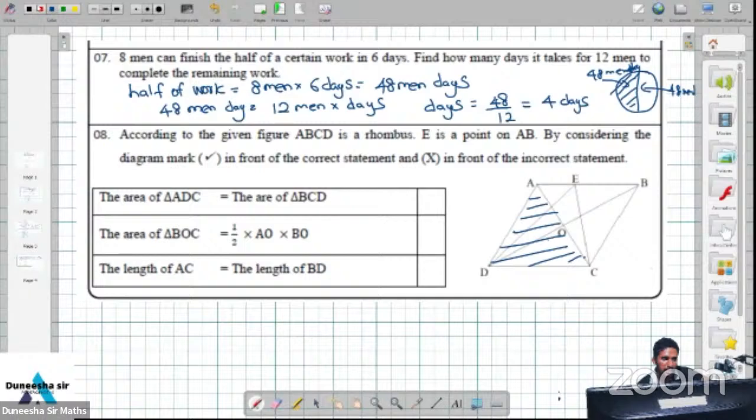What is BCD? In this one. Okay. Are the areas equal, is it correct or not? Can you tell me?